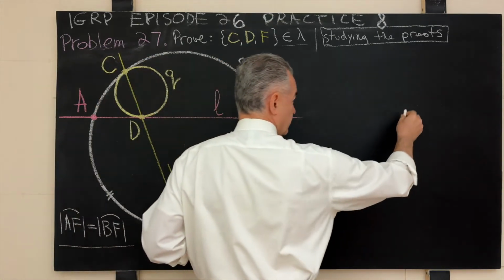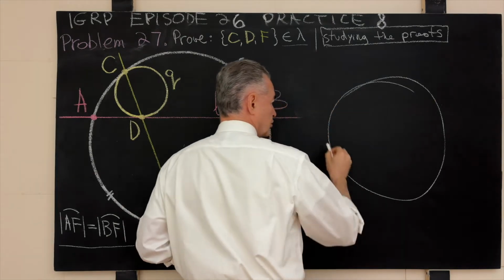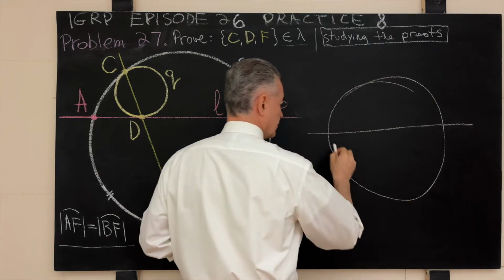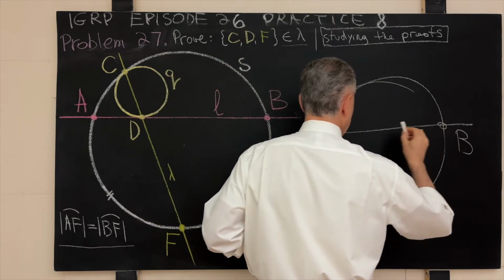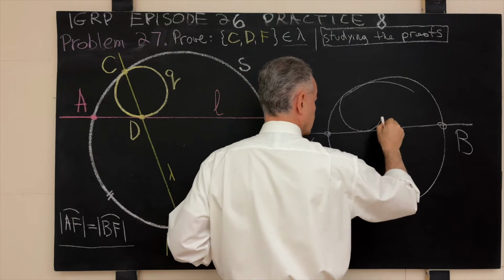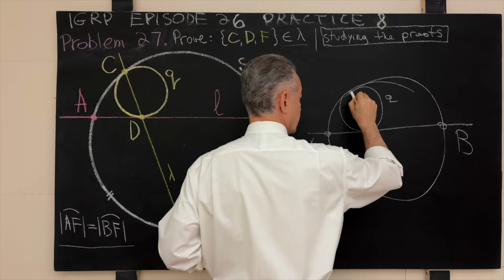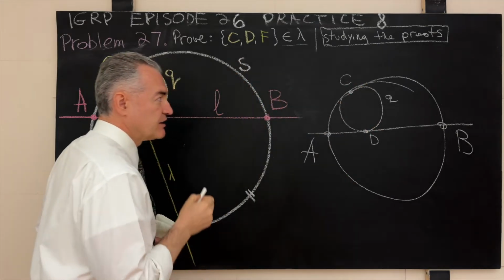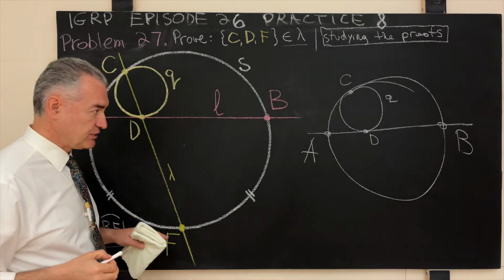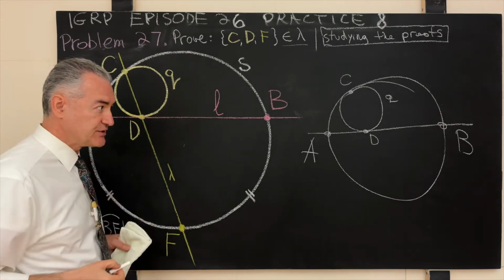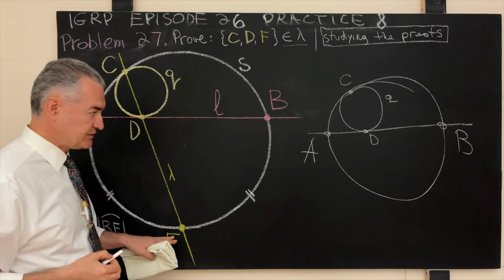In other words, if we throw out the point F temporarily, let's say we have our circle, we have our chord, we have our point A, we have our point B, we somehow have our circle Q inscribed, this is our point D, this is our point C. In this configuration of the input mathematical objects, how does the point F come into existence, and in the way in which it comes into existence, how does it explain its properties?